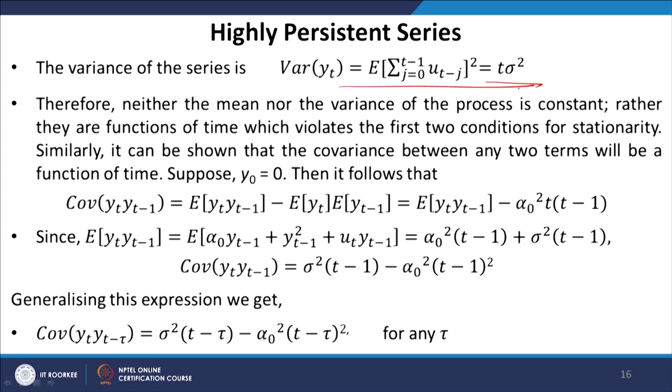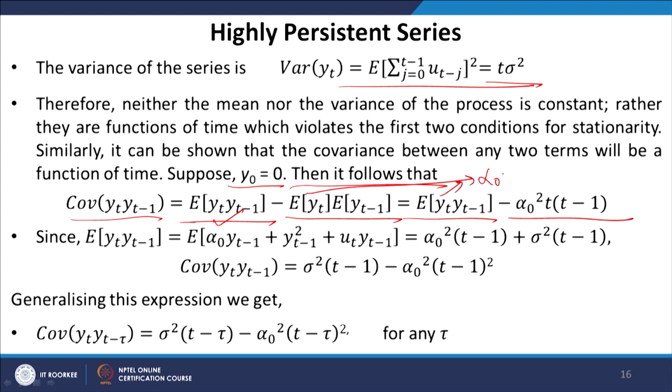Similarly, it can be shown that the covariance between any two terms will be a function of time. Suppose y naught is equal to 0, then it follows that the covariance between yt and yt minus 1, which is basically the expected value of yt minus its expected value multiplied by yt minus 1 minus its expected value, is this expression minus alpha naught square t into t minus 1. This is because the expected value of yt is alpha naught t, and the expected value of yt minus 1 is alpha naught into t minus 1.